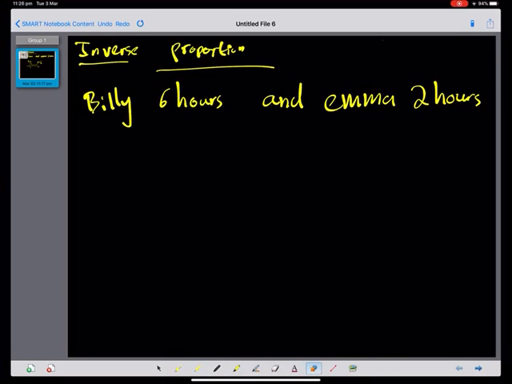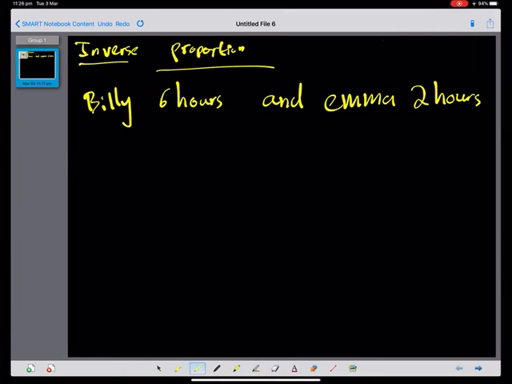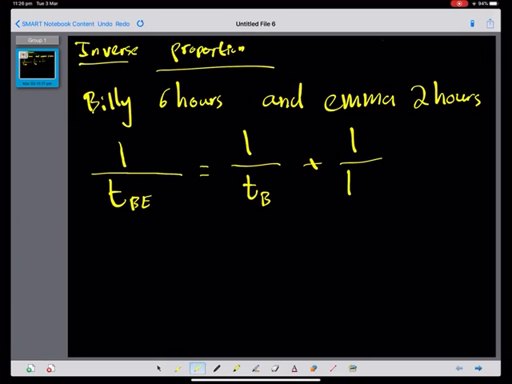Okay, so let's rewrite this as 1 over the time for Billy and Emma. Okay, so they're doing it together. So we've got time for Billy and time for Emma.